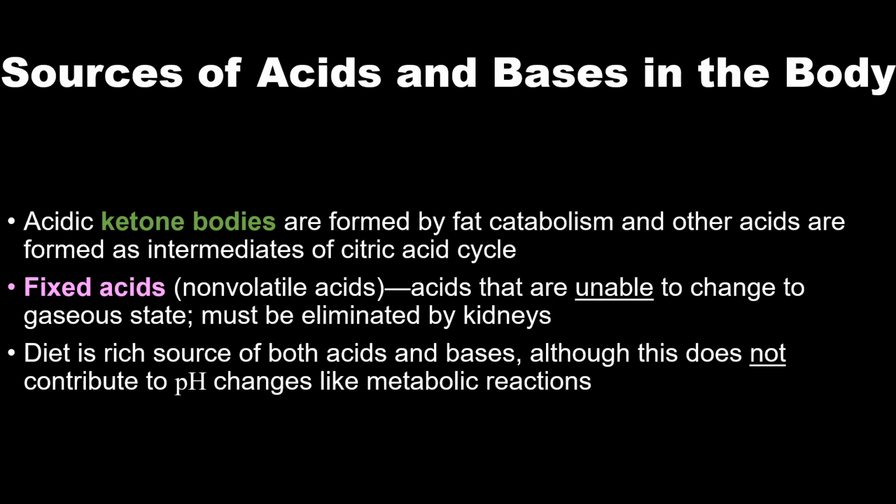Although these foods do contribute acids and bases, they represent an exceedingly small minority that have essentially no effect on overall pH, with the majority of the acids and bases coming from the body's own metabolic reactions, not from outside sources.